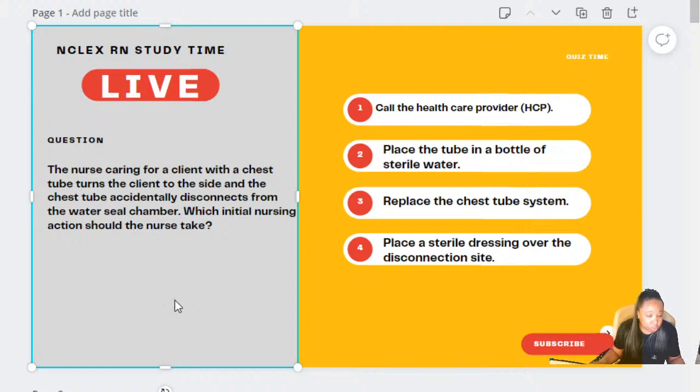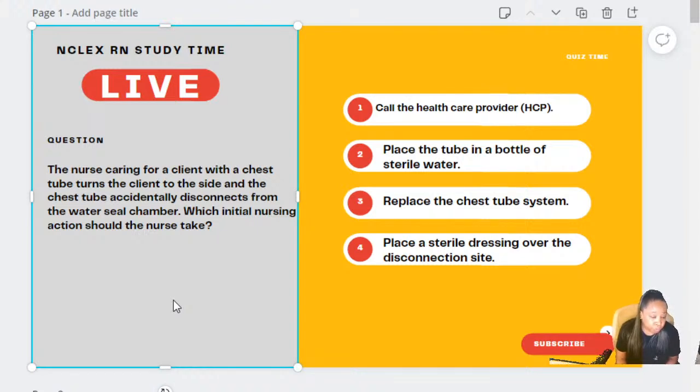What is the first thing the nurse will be doing after the chest tube is accidentally disconnected from the water seal? That is one of the questions that you will have in your exam. This is a very important question because it is an emergency situation.